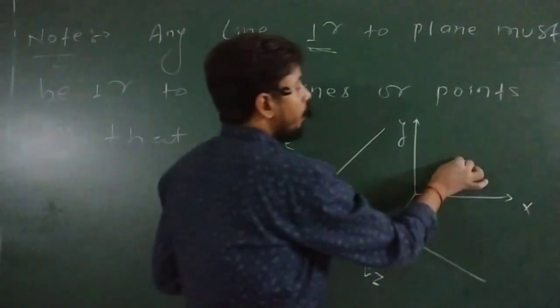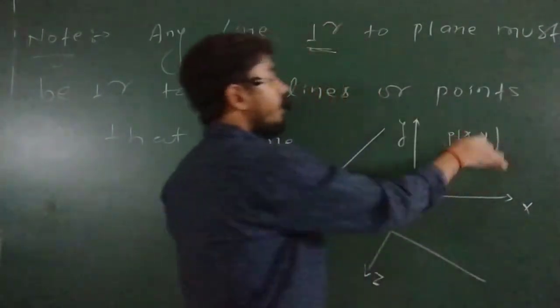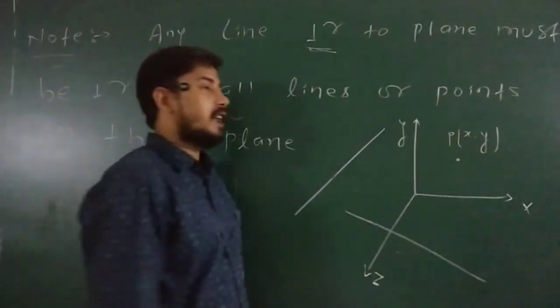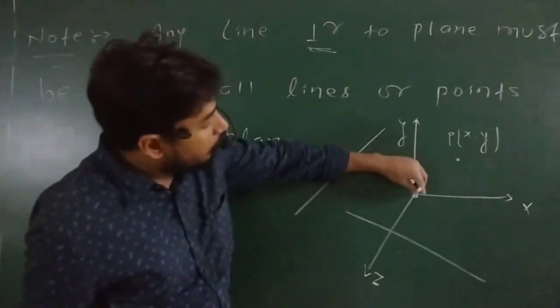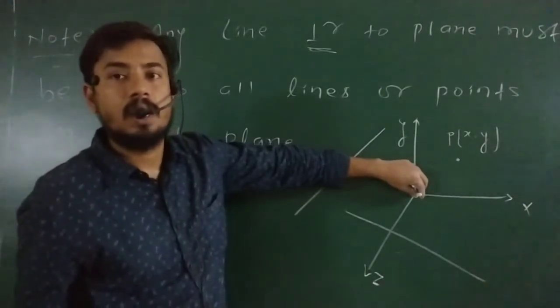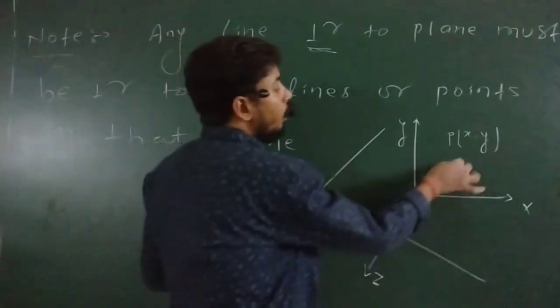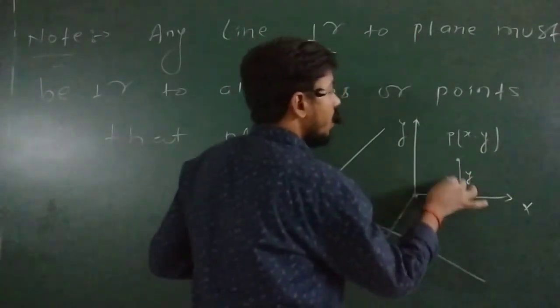Suppose that here is point P(x, y). If I am asking you, what is the distance from here? Basically this is the perpendicular from here. So this will be perpendicular to this one. This is a, suppose y. This is x, right?